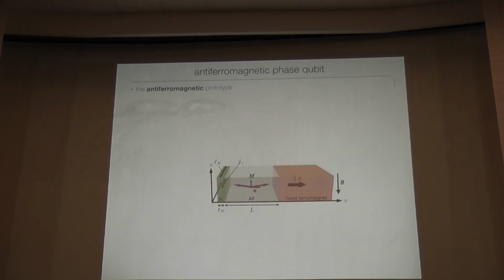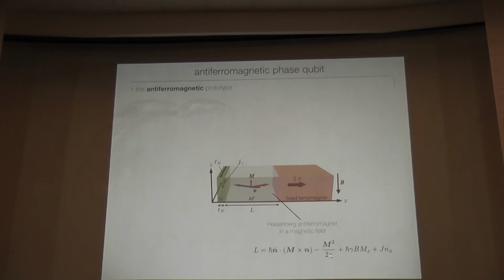Okay, so now I want to also propose an antiferromagnetic prototype. This is very much an analogy with the ferromagnetic one. So what I'm going to assume here is that we have a very simple monodomain Heisenberg antiferromagnet subjected to a magnetic field in the negative z direction. And so we can write down the classical Lagrangian for this antiferromagnet here.